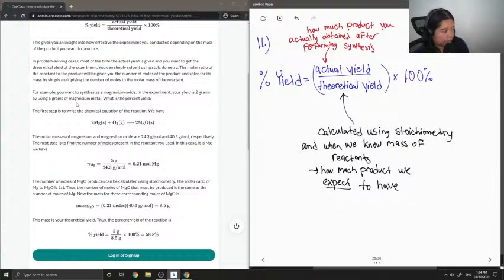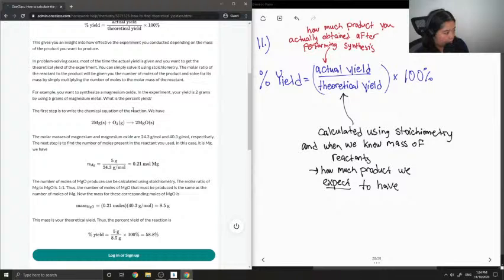So the first thing you want to do is write out the chemical equation of the reaction, and it's also important to make sure that everything is balanced. So here they balanced it already. 2 magnesium plus O2 gives 2 magnesium oxide.